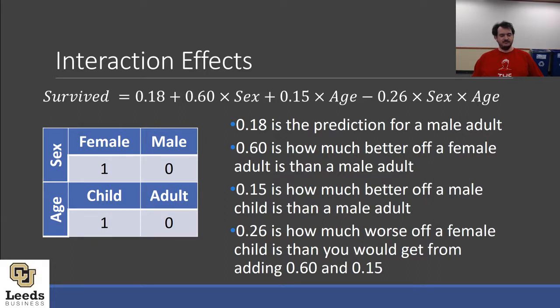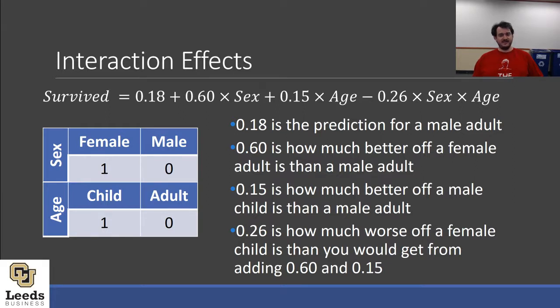So if you did not have that interaction effect, you just included sex and age but kept the rest of the model intact, you would predict that a female child would be 0.18 plus 0.60 plus 0.15. So that's 0.93. That is an unrealistically high prediction.